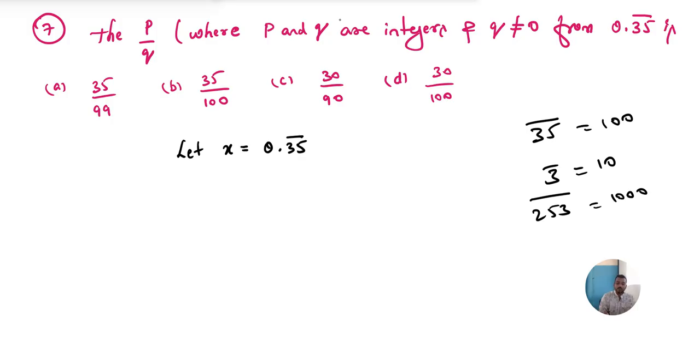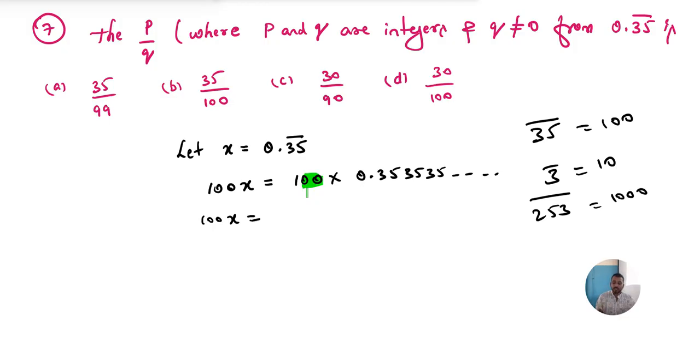If I multiply x with 100 and also 0.35 bar with 100, then 100 into x becomes 100x. Then this is 100 into 0.35 bar. 35 bar means 0.35, 35, 35, 35, it goes on continuing. Now, 100x equals 100 into 0.35 bar. Observe, how many zeros? 2 zeros.